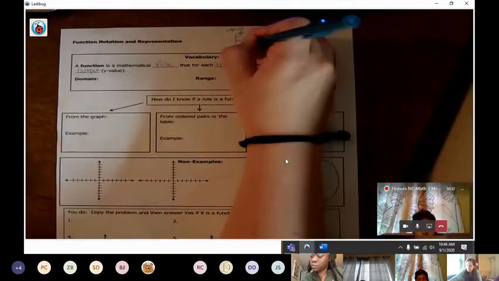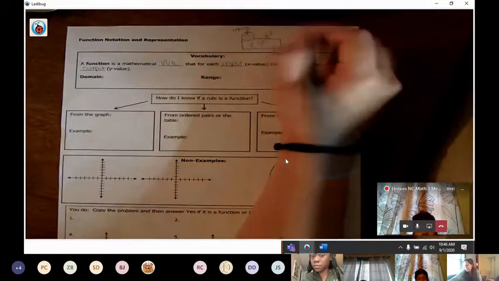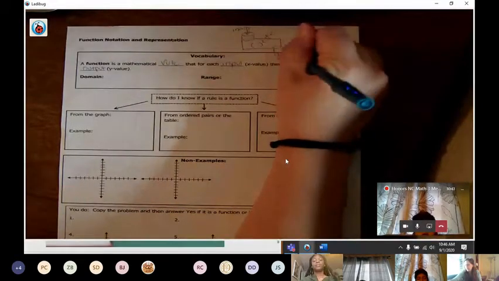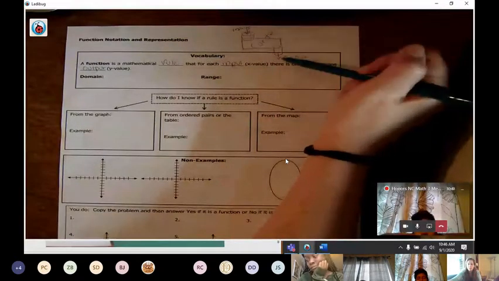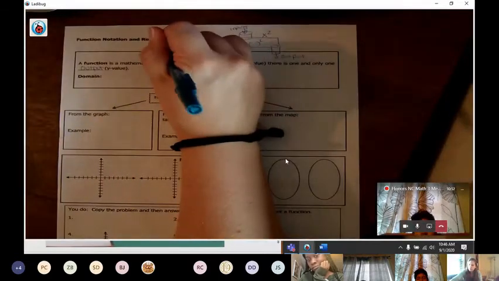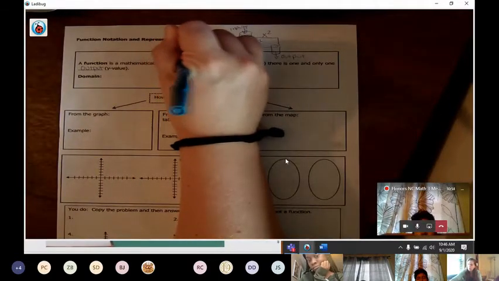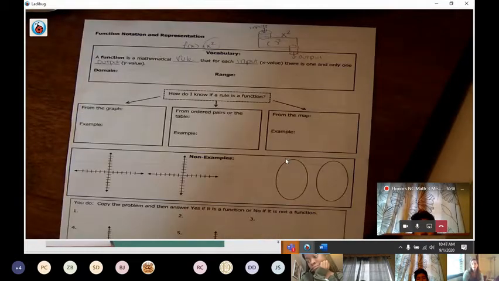So it's going to take whatever we put in and square it, and then it's going to have a specific output. Okay, and when we put individual inputs in, there can only be one unique output. Okay, we also describe it as a rule. So the rule for this would be x squared. We're taking all of the x's and we're squaring them. What questions do you guys have so far?